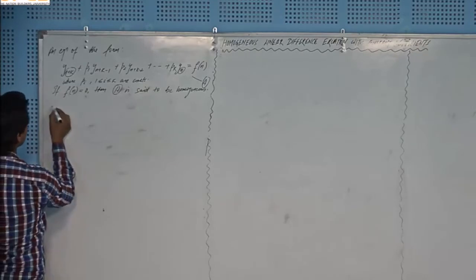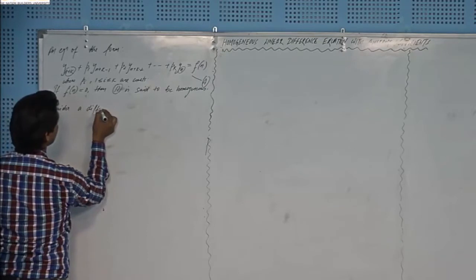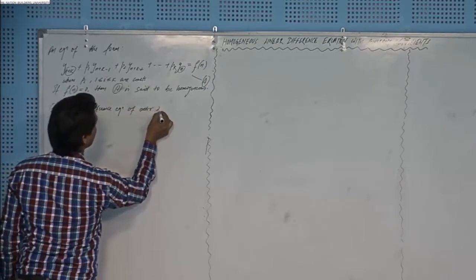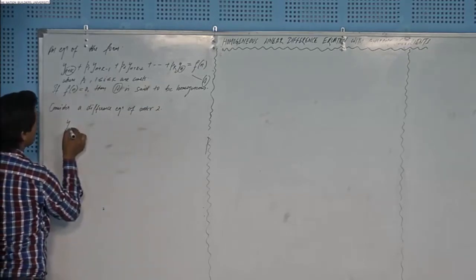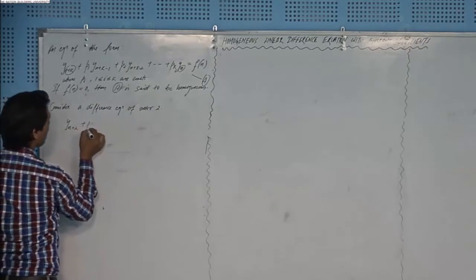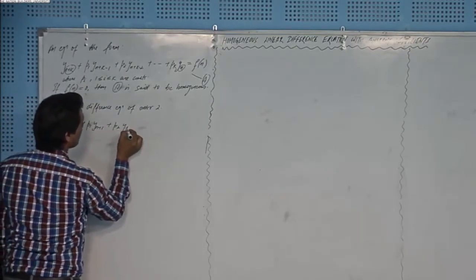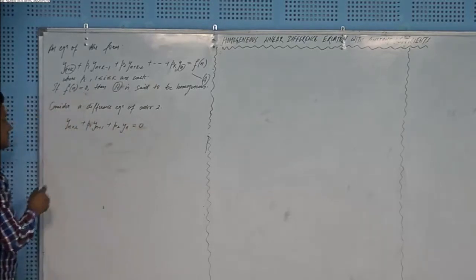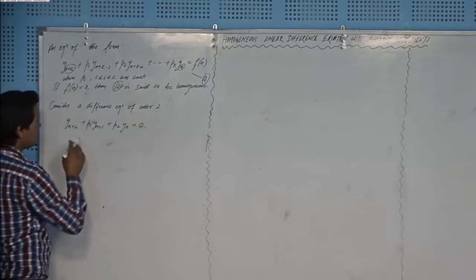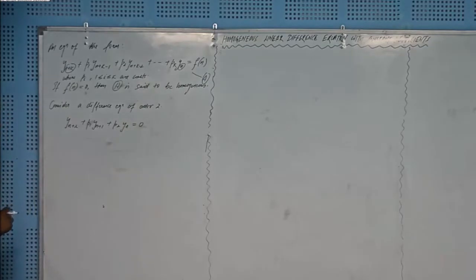If I consider a difference equation of order 2, that will be of the form y(n+2), in place of k I will have 2, and here I will have p1 y(n+1) + p2 y(n) = 0, right? We are considering the case when the right hand side is 0 for a homogeneous difference equation. So we need the solution of this difference equation, right?